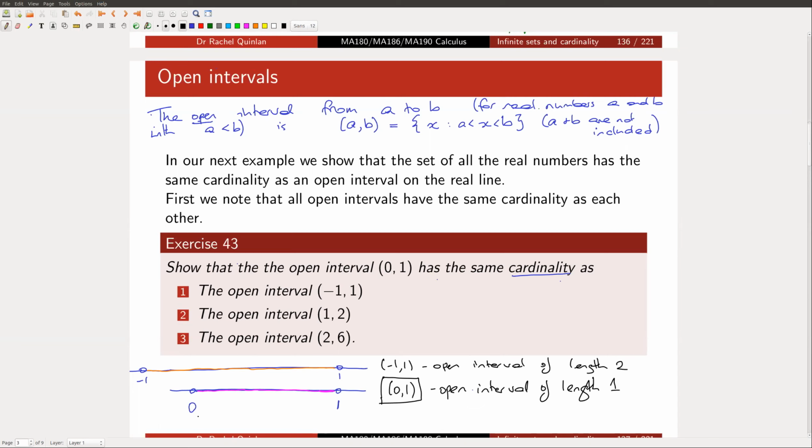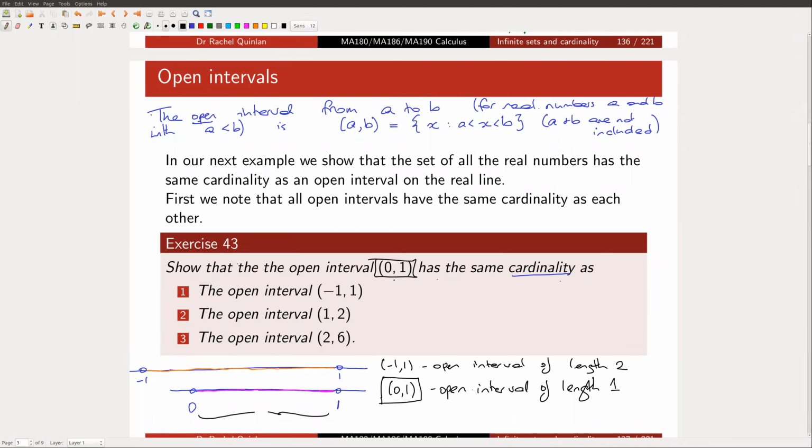If you take everything in the open interval 0 to 1 and multiply it by 2, what you get are exactly all the real numbers in the interval from 0 to 2, which is an open interval of length 2, and you get each of them exactly once, because multiplying by 2 gives you a different answer for every number that you start with in the open interval from 0 to 1, and it picks up all the numbers in the open interval from 0 to 2, because everything in the open interval from 0 to 2 is twice something in the open interval 0, 1.